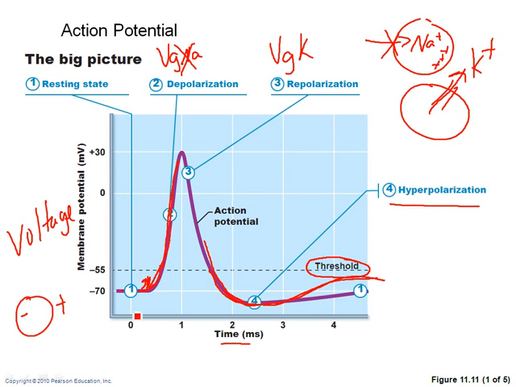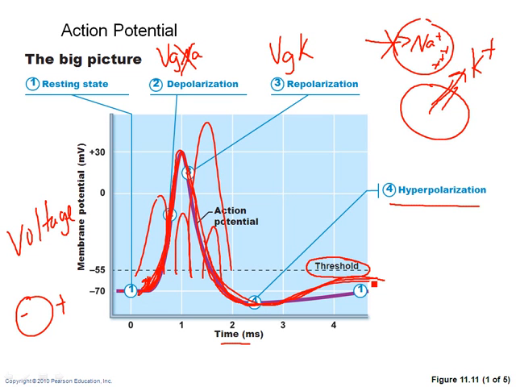It would just stop. The action potential would not occur. You have to have enough sodium channels open to reach that threshold, then the action potential will go. There aren't any that are this tall or that tall. Once you get an action potential, it's always the same. So they're all or none.